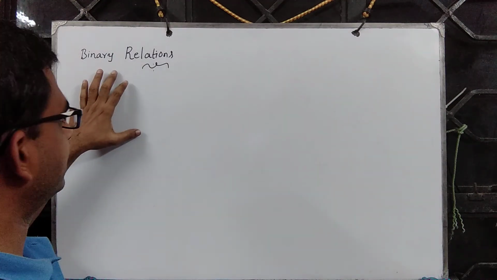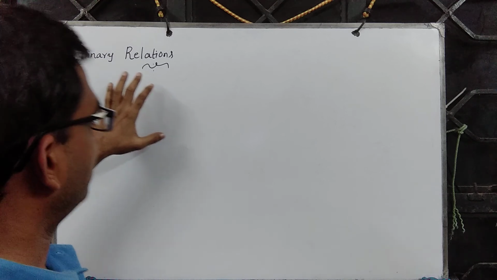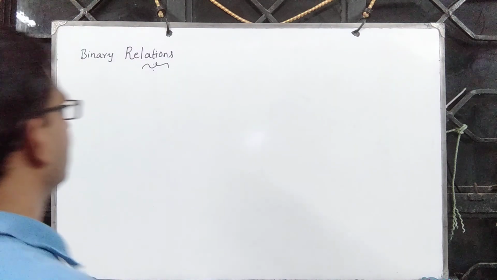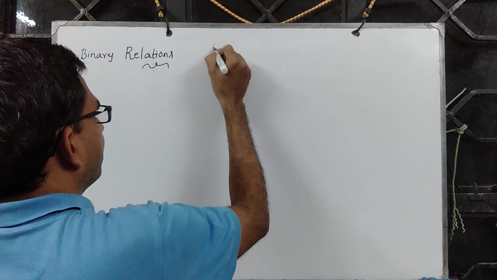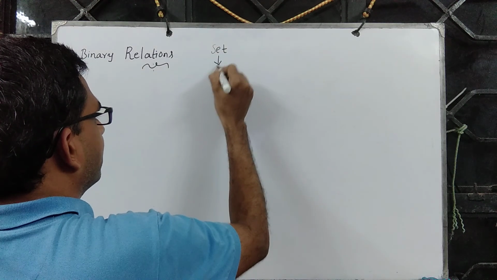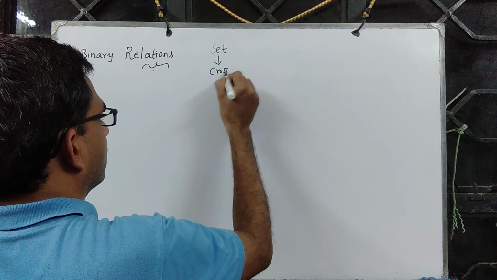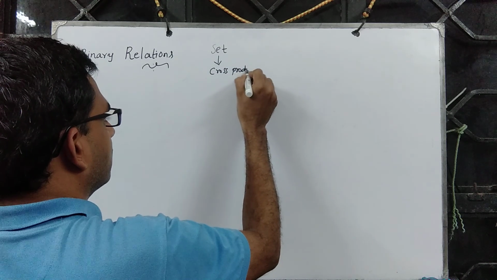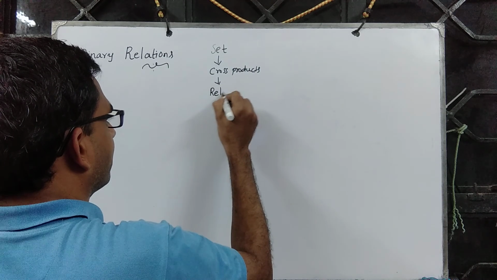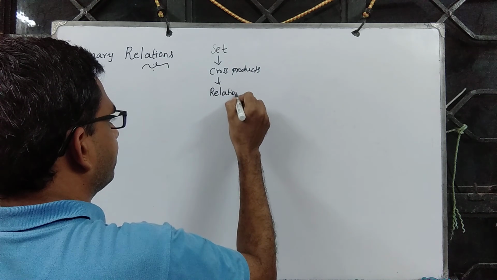We shall next focus on binary relations, and relations are also discrete structures. We first focus on set, then we move on to cross products, subsequently to relations.